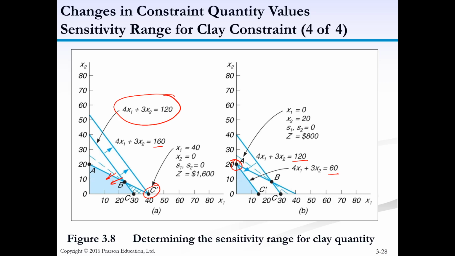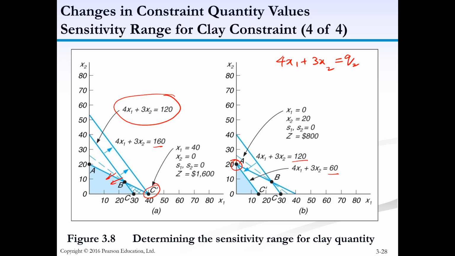We have the original constraint 4x1 plus 3x2 equals 120. We want to establish the range. Let's call the second constraint's right hand side quantity Q2, and we want to see how much Q2 can change.